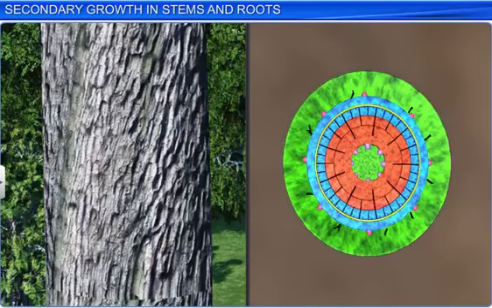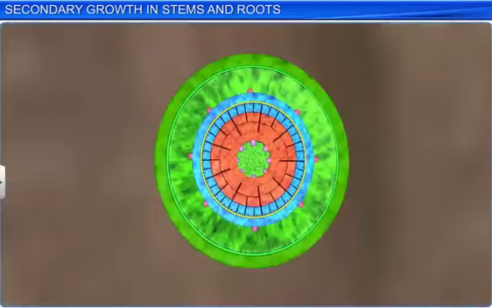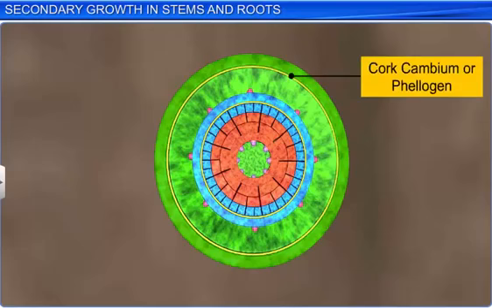This results in rupturing of the cortical and epidermal layers. These layers need to be replaced with new protective cell layers. In due course, another meristematic tissue called cork cambium or phelogen develops, usually in the cortex region.